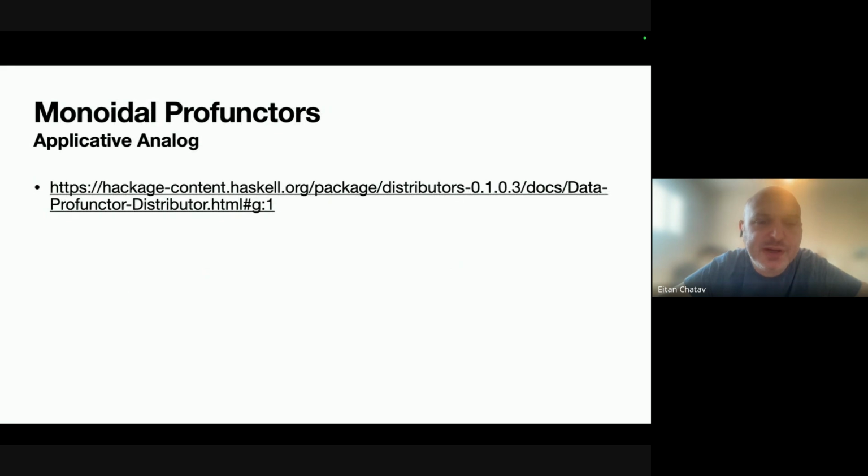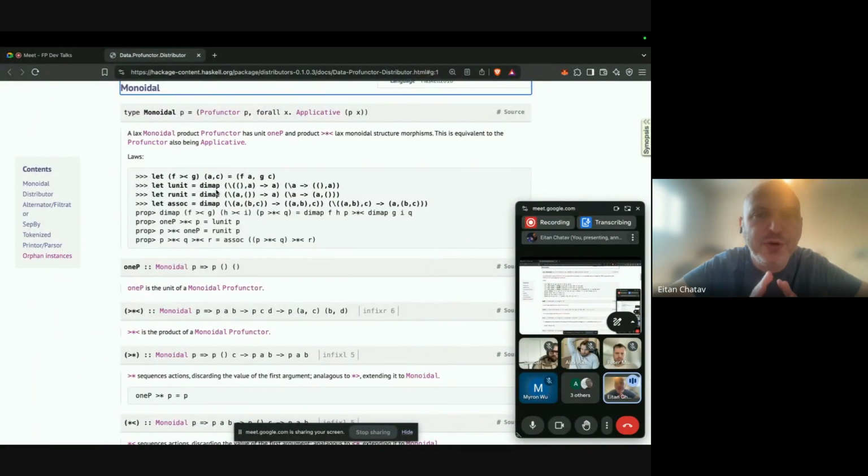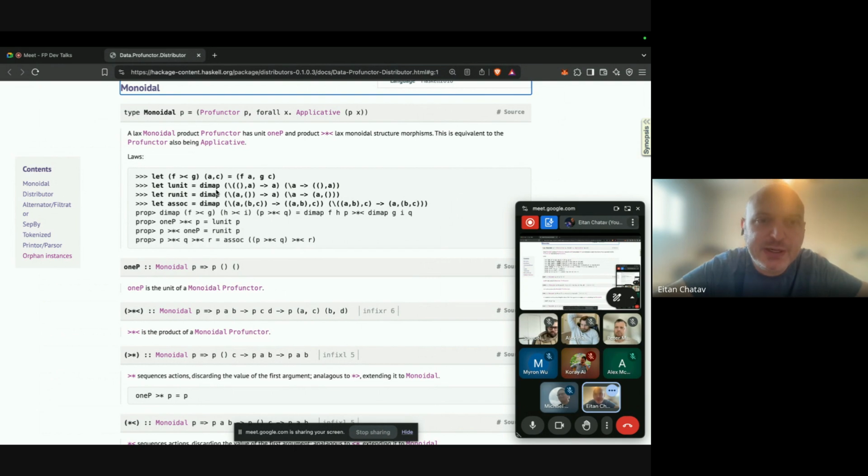So let's talk about what is the analog of applicative functors. They're called, or at least I call them, monoidal profunctors. They're also called product profunctors because we're specifically talking about the Cartesian product here, not any other monoidal product. So a lax monoidal profunctor has a unit, 1p, and a product, star or greater star or less than.